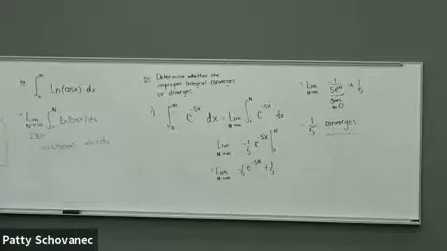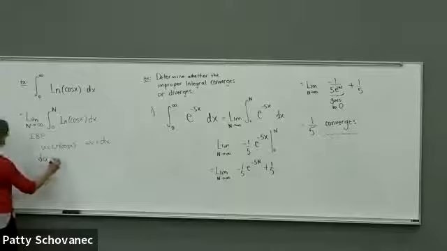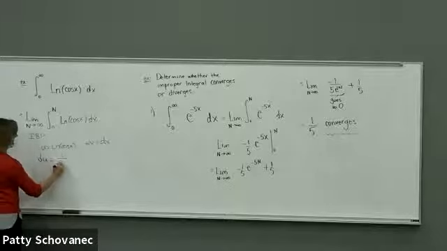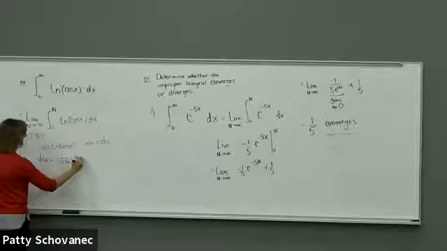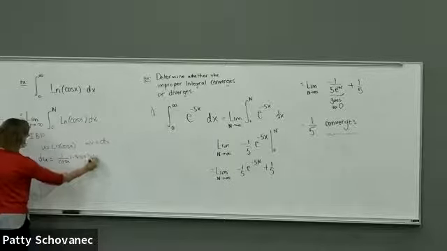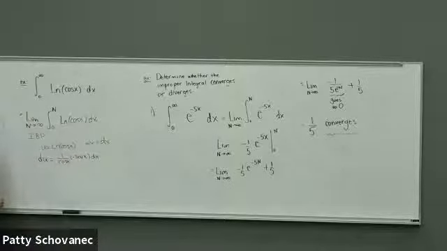What's the derivative of the natural log of the cosine of x? One over cosine times minus the sine. Can I write that as minus the tangent?